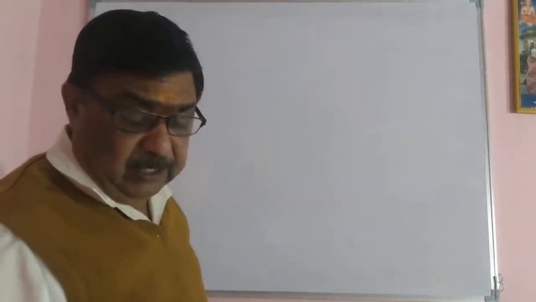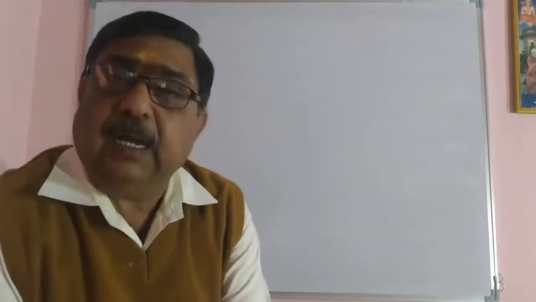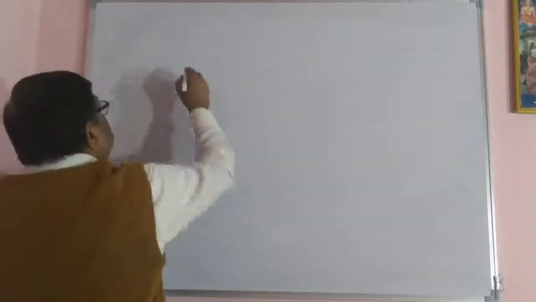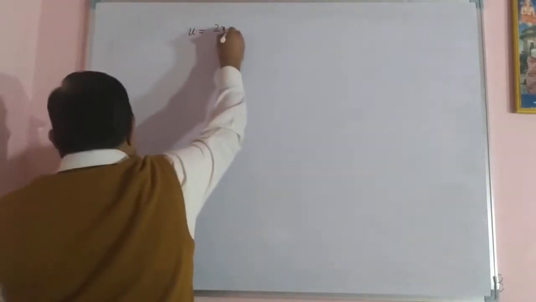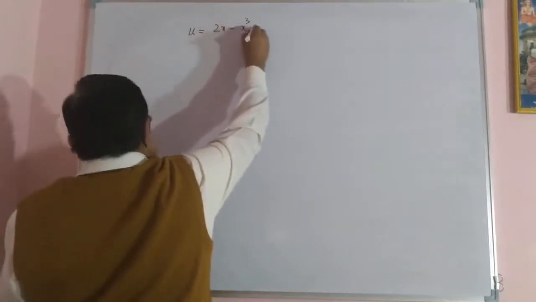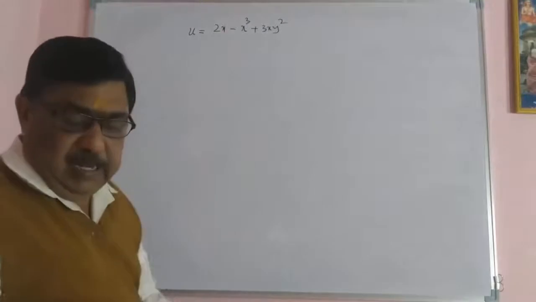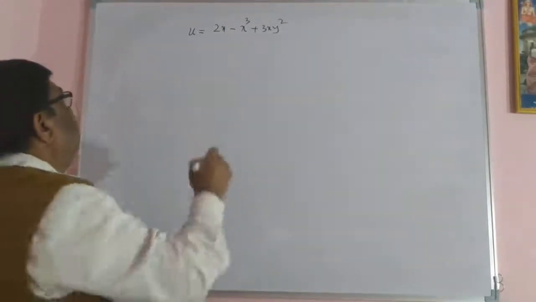Find the analytic function whose real part is given by u equal to 2x minus x cube plus 3xy square. Yes, I am finding the analytic function with the help of this real part. Solution.